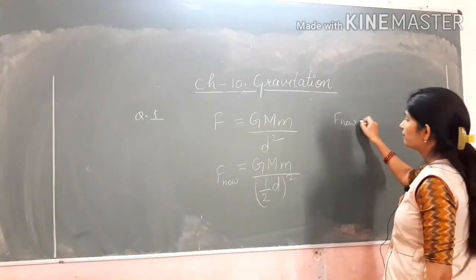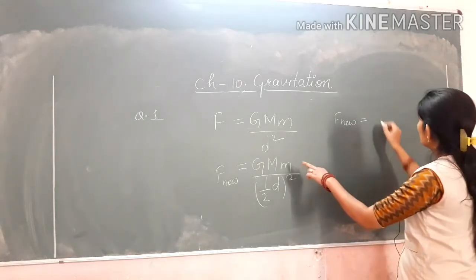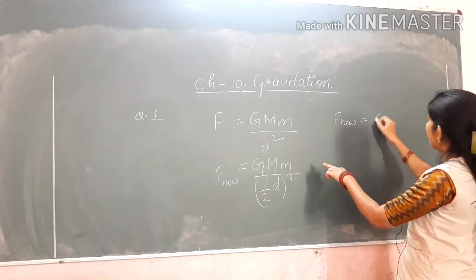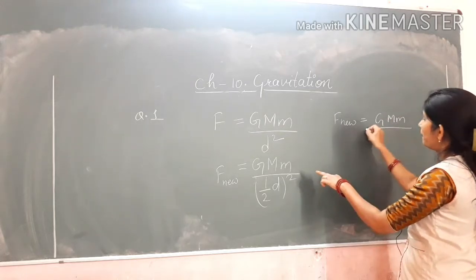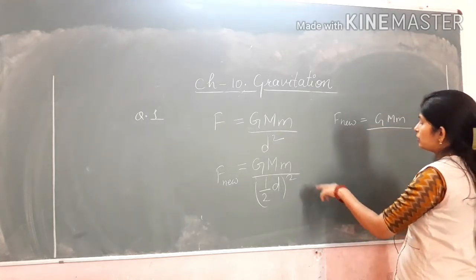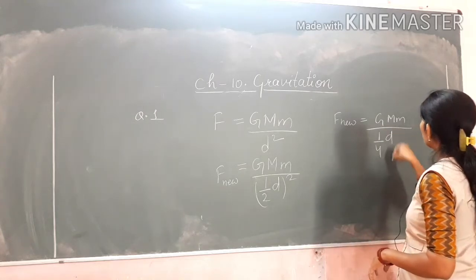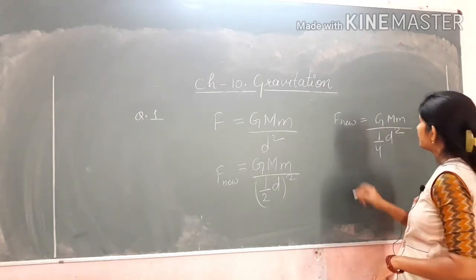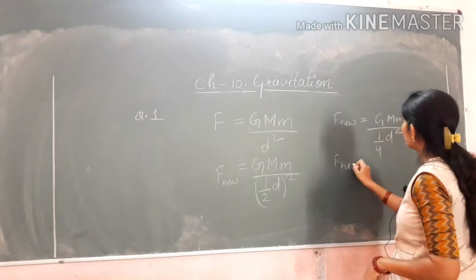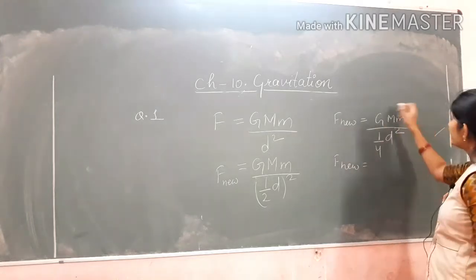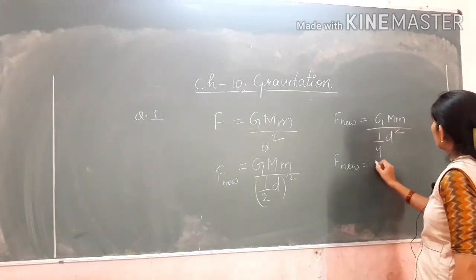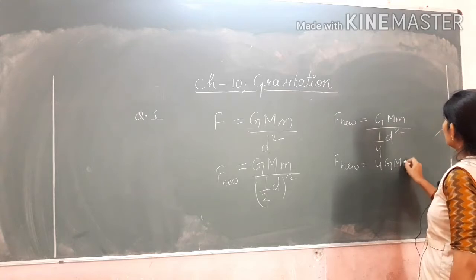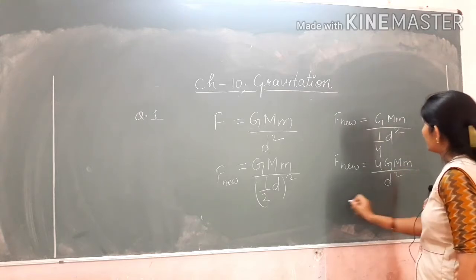F new is equal to G M into m upon half d whole square. It will be equal to 1 upon 4 d square. Solving it, we will get 4 G M into m upon d square.